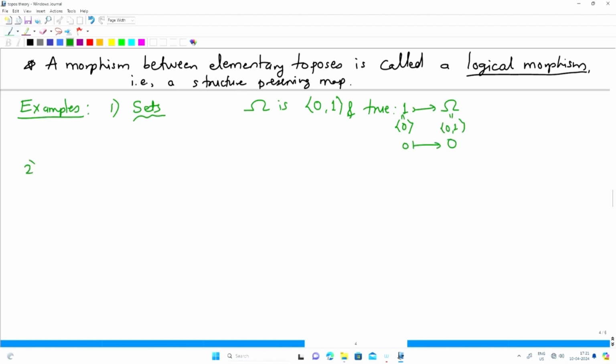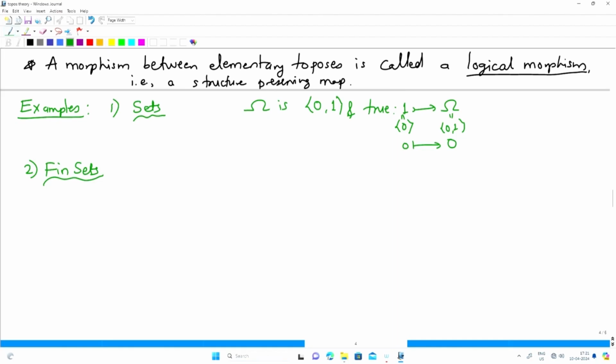Okay, so along similar lines, because we never asked for the existence of infinite limits, the category of finite sets is also an elementary topos. For exactly the same reason, because the subobject classifier is still within the category of finite sets.